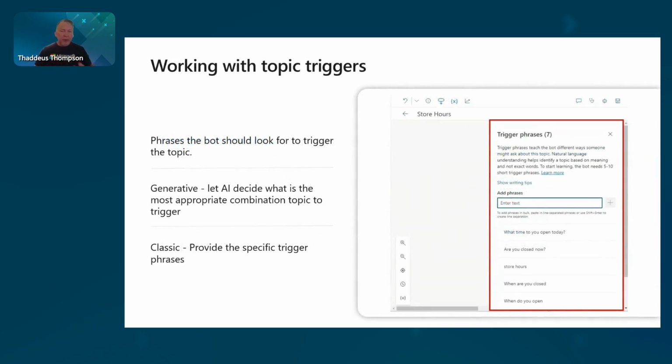So once we start building those, they'll have things like a trigger. You're going to give it various phrases that will help identify which topic you're going to use, this topic that you're building. And there's a little bit of an art and a learning to how to build those trigger phrases. I could talk quite a bit about it, but just think of it as using keywords in a short phrase, not too short, not too long, and also using keywords in different ways.